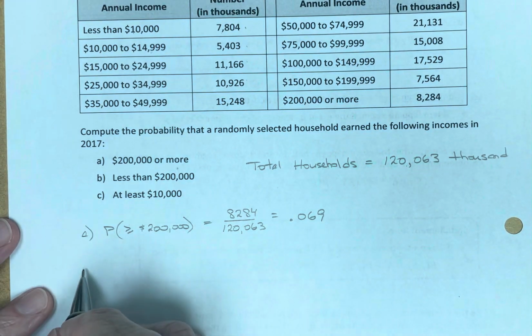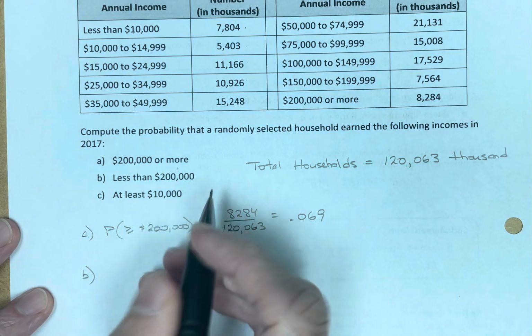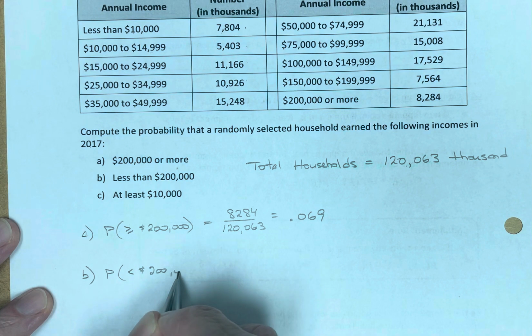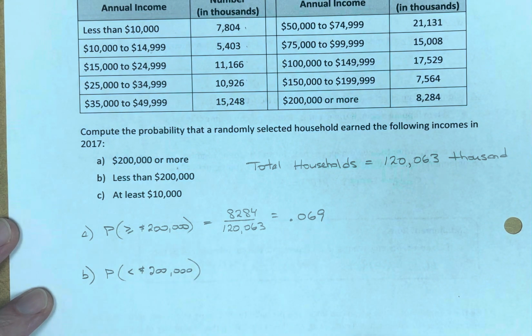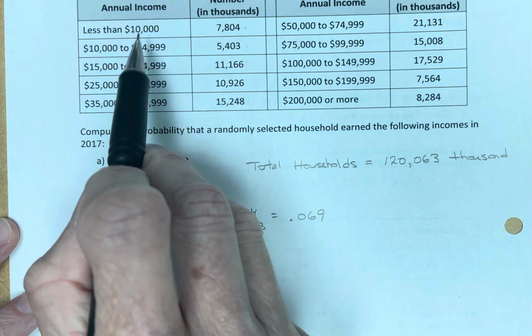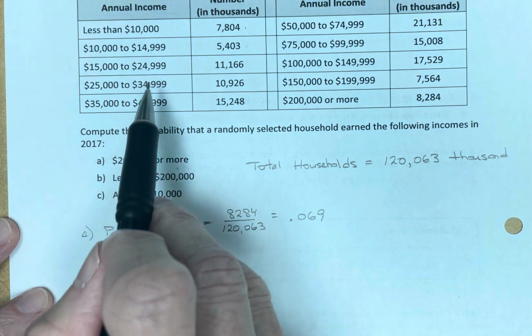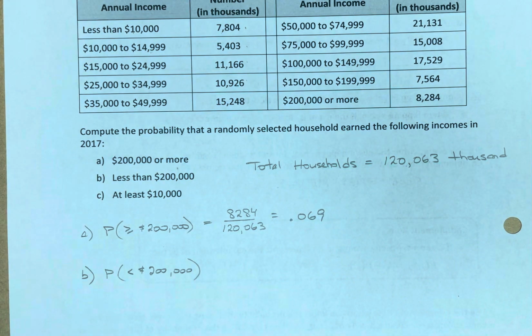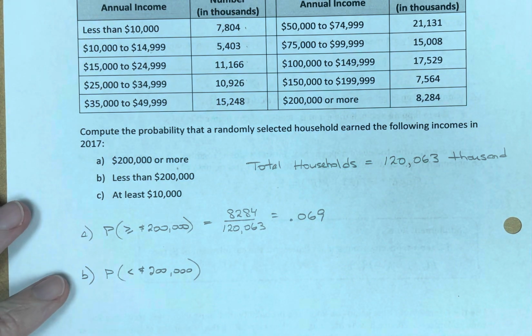Now, letter B, less than 200,000. The probability of less than 200,000. Well, we could add up this plus this plus this plus this plus this plus this plus this plus this plus this, and we would get the answer.